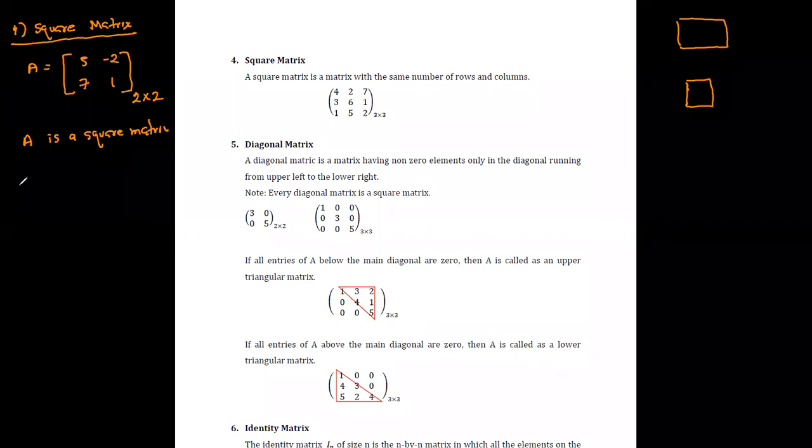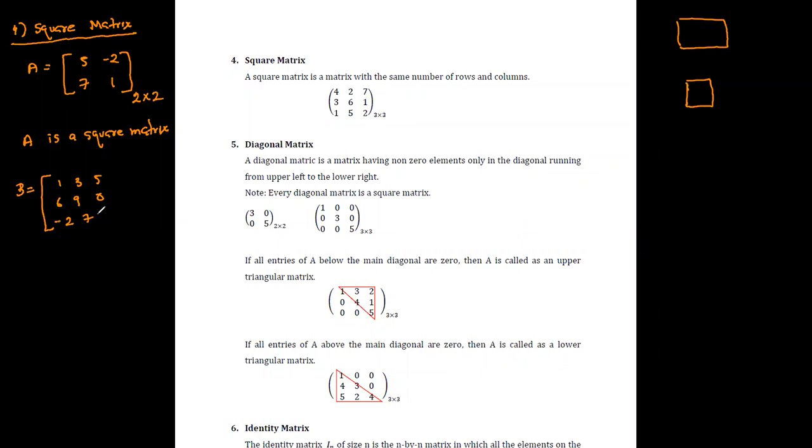If you are having three rows and three columns like this, let B be a matrix having 1, 3, 5, 6, 9, 0, minus 2, 7, and 8. This is a 3 by 3 matrix, and here also we can see that there are 3 rows and 3 columns.